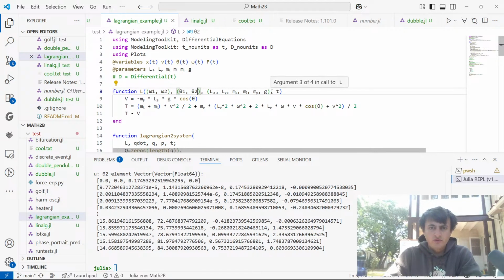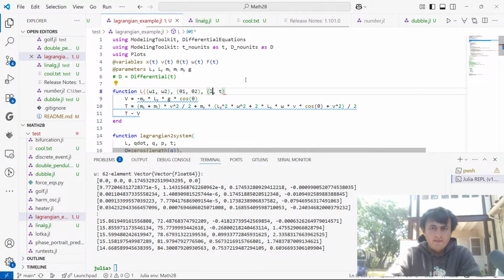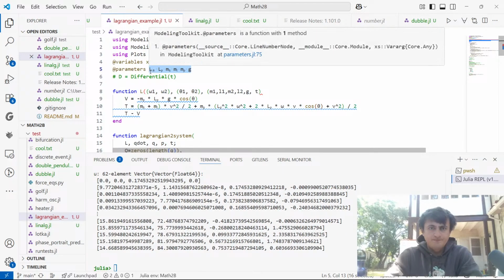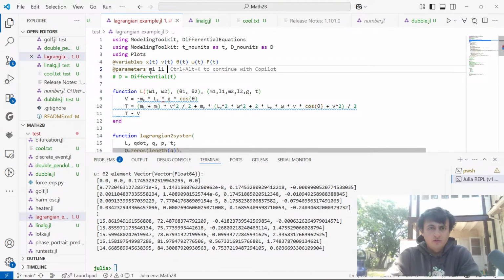And then what are our parameters? Our parameters are going to be M1, L1, M2, L2, G. Let's do this here. What other parameters do we have? I think that those are the only parameters. Okay. And then T. T was separate, right?